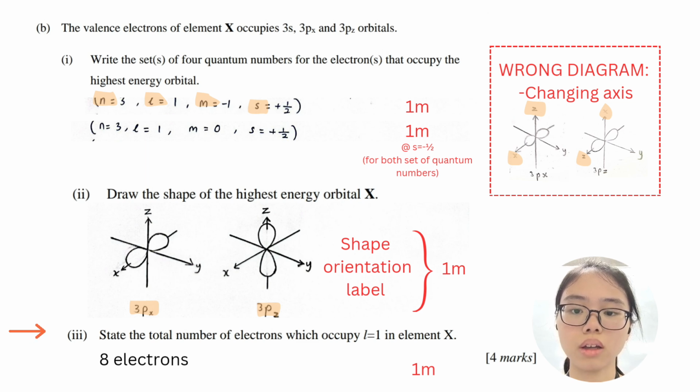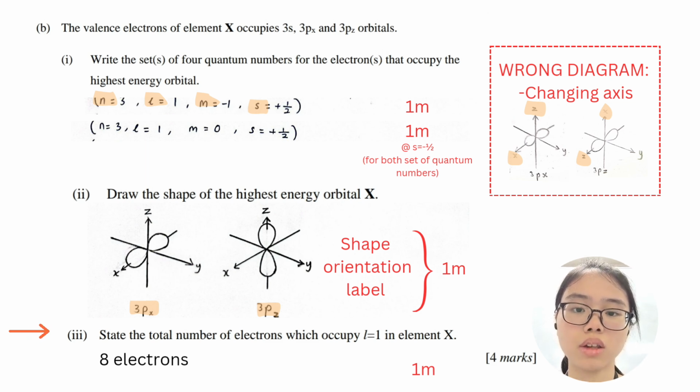For question III, state the total number of electrons which occupy l equals to 1 in element X. According to the Aufbau principle, we know that the electrons fill the lowest energy orbital first and other orbitals in order of ascending energy.